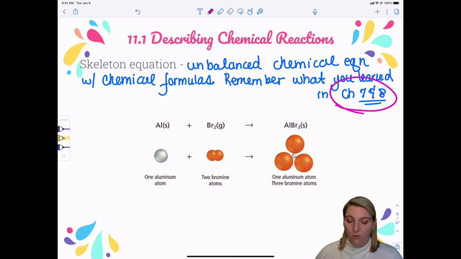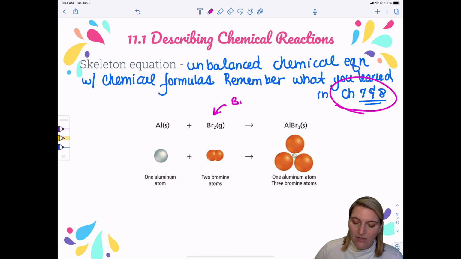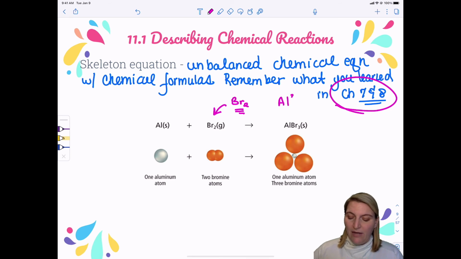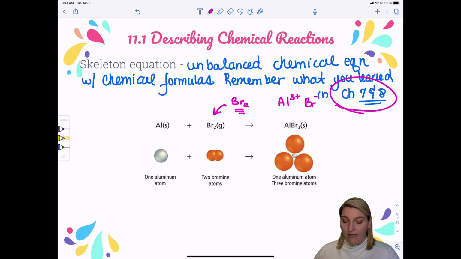So for example, when it says aluminum plus bromine, you need to remember that bromine is diatomic, so its formula will be Br2. Similarly, if it says it forms aluminum bromide, you need to remember that that's an ionic compound. Aluminum is 3 plus, bromine is 1 minus, and then we have to crisscross the charges to get AlBr3.